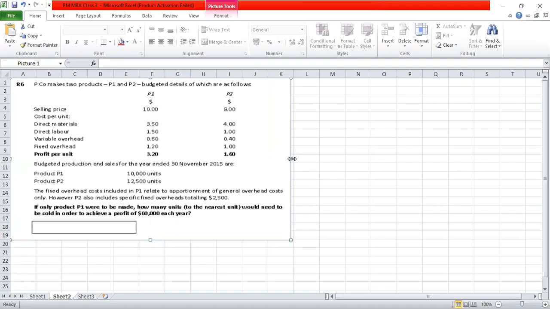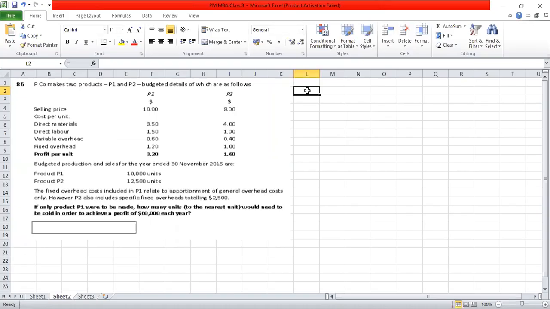Now the decision is, if they discontinue one product and continue with only P1, how many units would need to be sold in order to achieve a profit of 60,000? Let's first start writing the formula. After we write the formula, we'll discuss what happened to the fixed cost part of it.